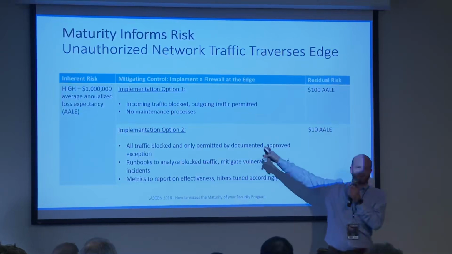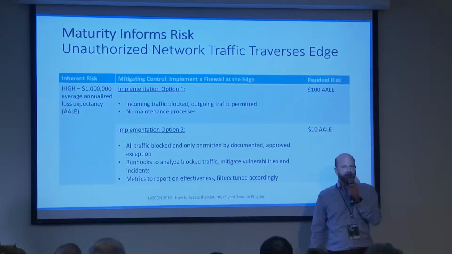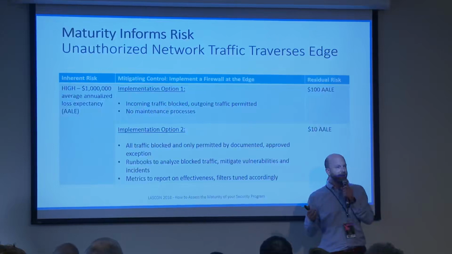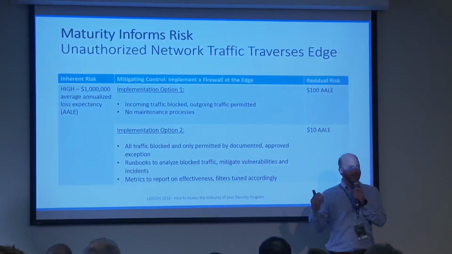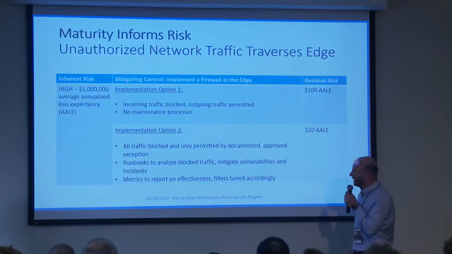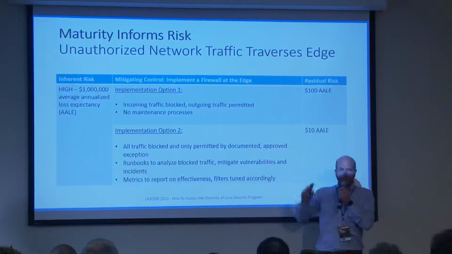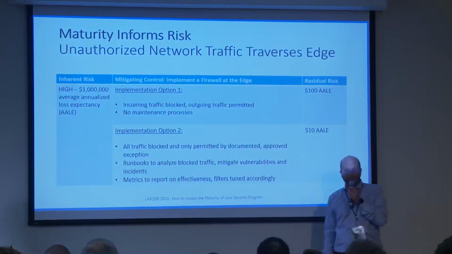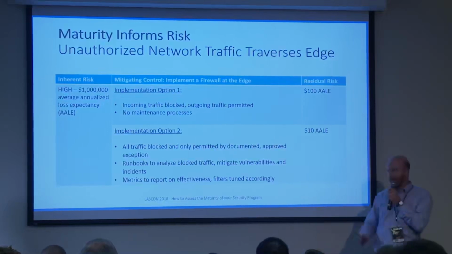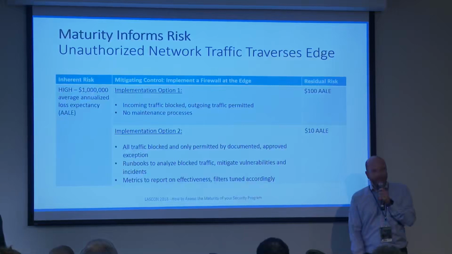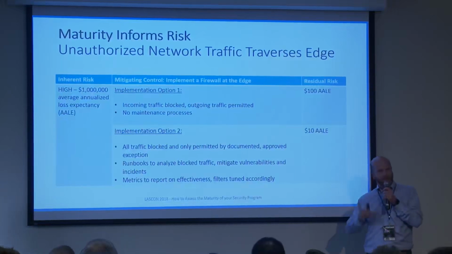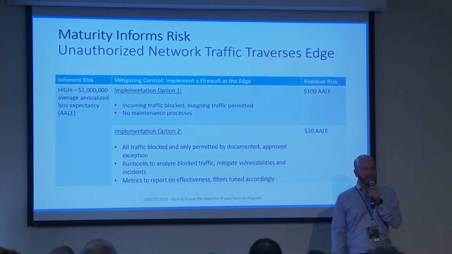There's another option that takes that further and says, we're going to implement this firewall, but we're also going to block outbound traffic. We're going to look at the actual traffic that's being blocked, look at whether it might indicate indicators of compromise internally in the network. And we're going to look at metrics and see whether we can improve our firewall rules based on those, et cetera, et cetera.